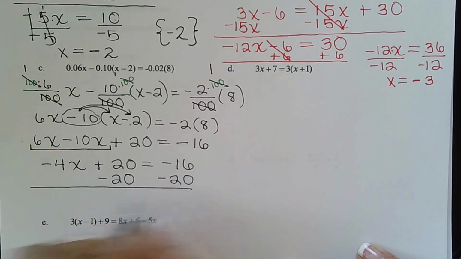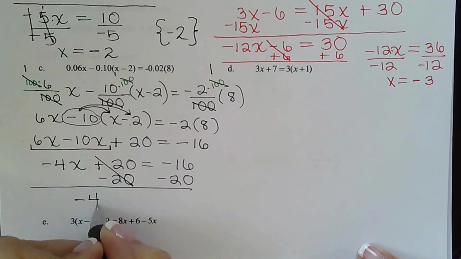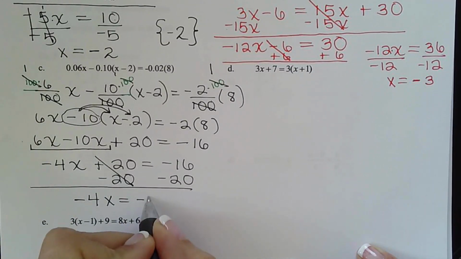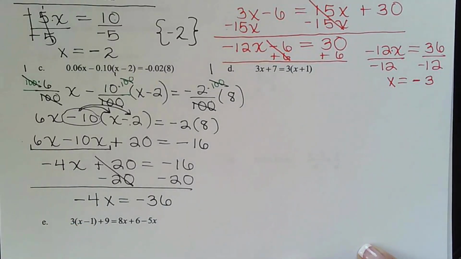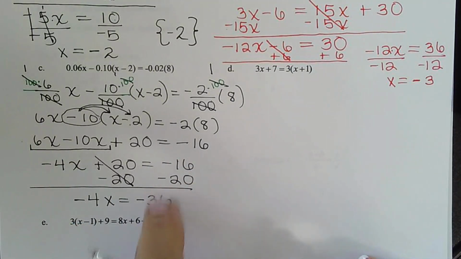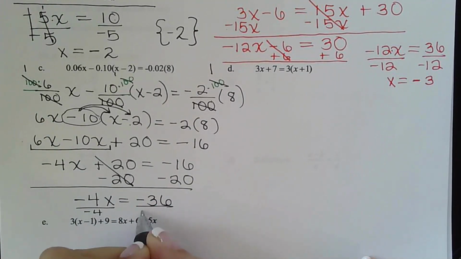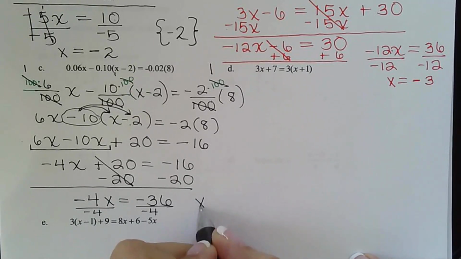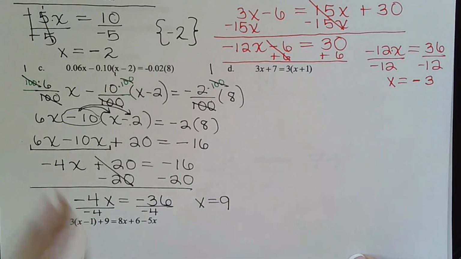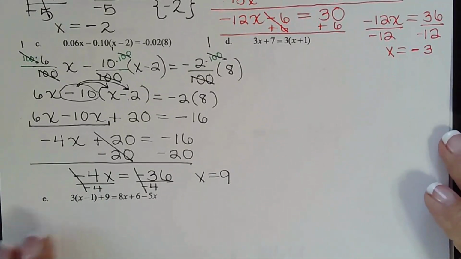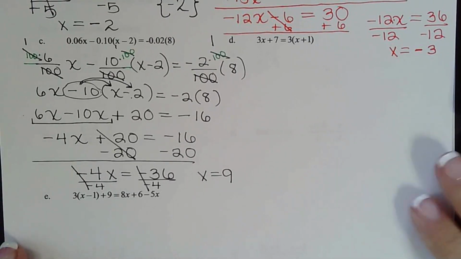So we have negative 4x equals negative 36. Signs are the same, add and keep the sign. Divide by negative 4, divide by negative 4, so x is 9. Double negative, double negative. Beautiful, huh?